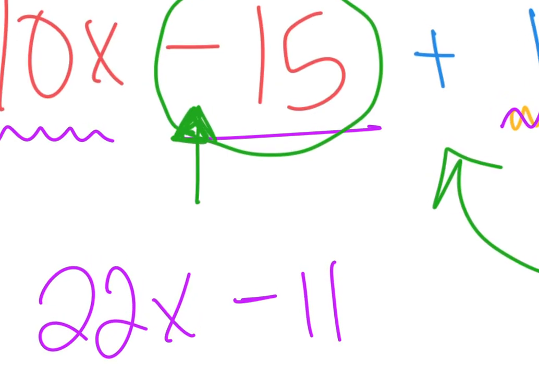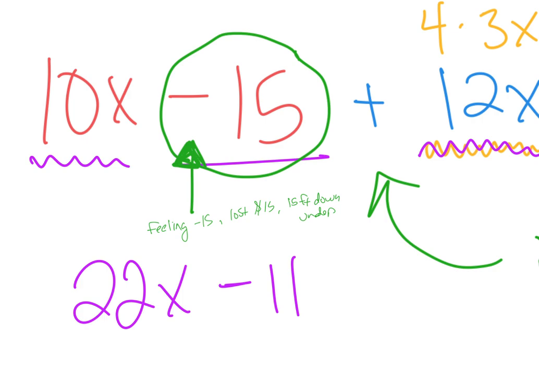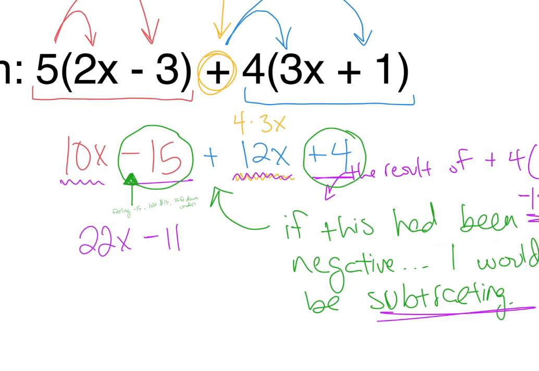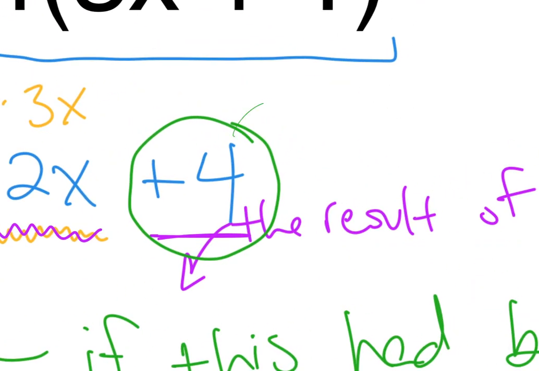If you're feeling negative 15, okay, you've lost $15, or you're 15 feet down under. I don't care what it is that you have to go. This is the current situation that we're in. And then you are going to gain $4.